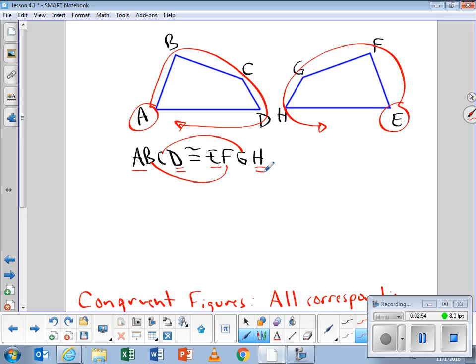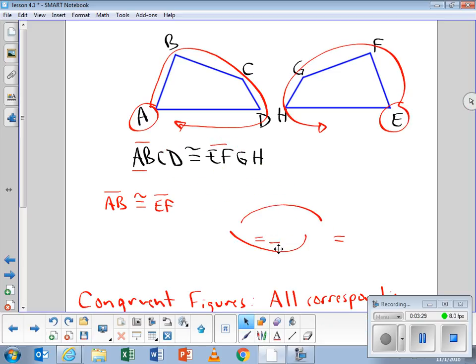So what side corresponds with segment AB? EF. That's correct. Segment AB corresponds with segment EF. So segment AB is congruent to segment EF. Let me move some of the stuff out of here.